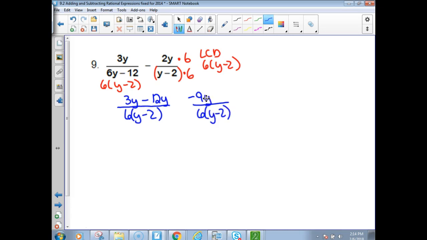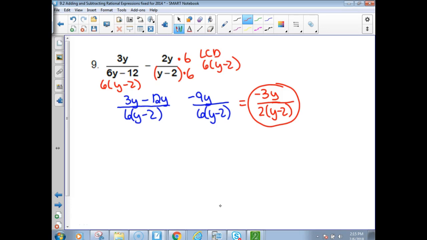This y is single. The negative 9 and the 6 are single. They're just multiplying stuff. We can reduce the 9 and the 6. Dividing by 3, top and bottom. So this is going to be negative 3y over 2 times y minus 2 in parentheses. That's finished.